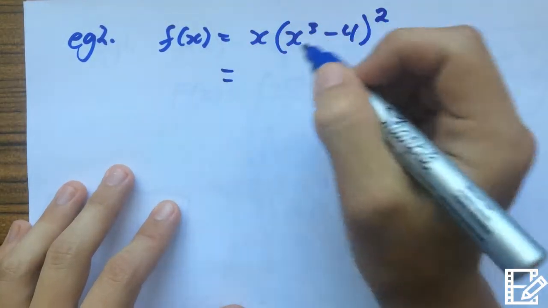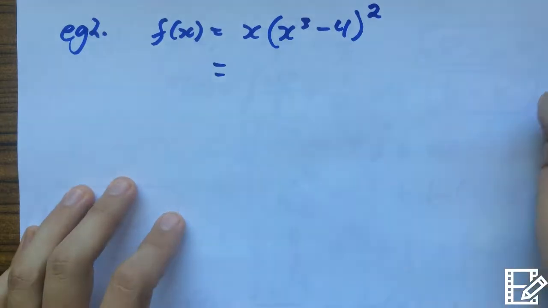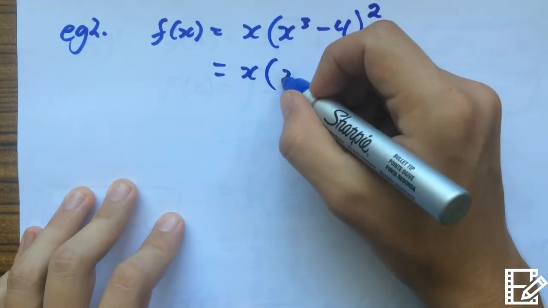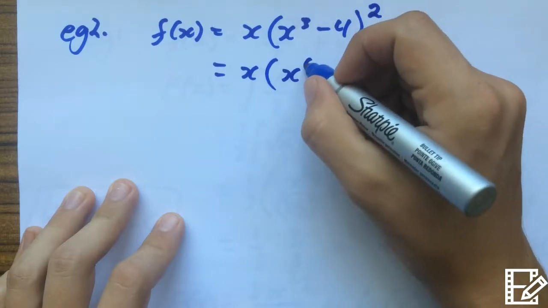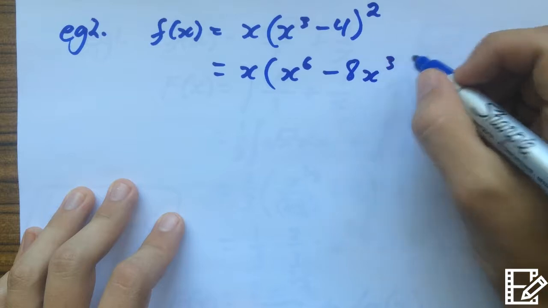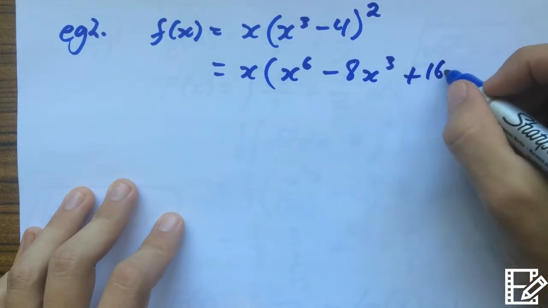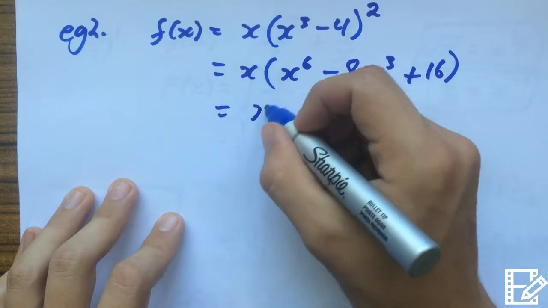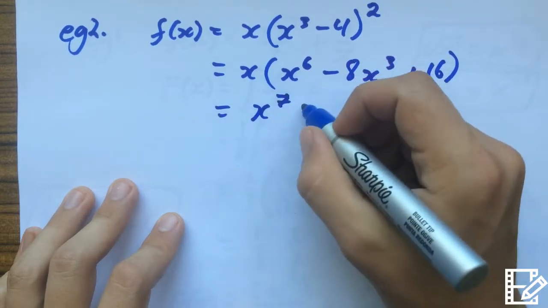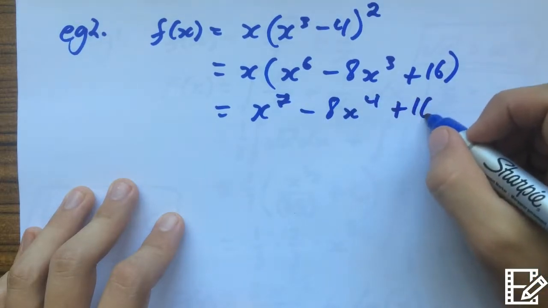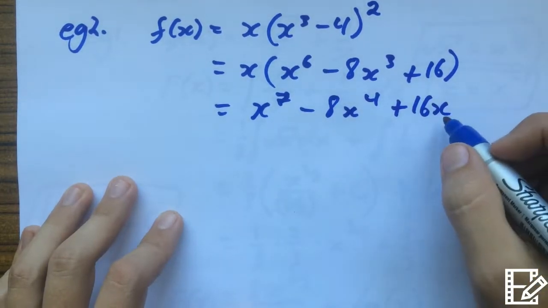Doing any other integration methods would just be a pain for me. So I've already expanded this out, and it looks like x to the power of 6 minus 8 x to the power of 3 plus 16. And then we multiply the x in and we get x to the power of 7 minus 8x to the power of 4 plus 16 multiplied by x.